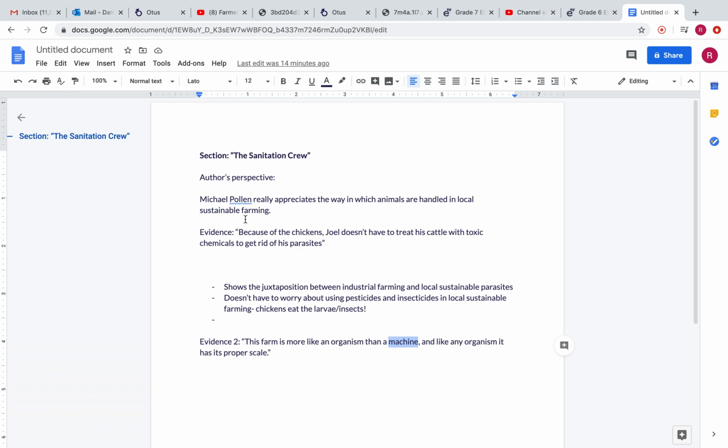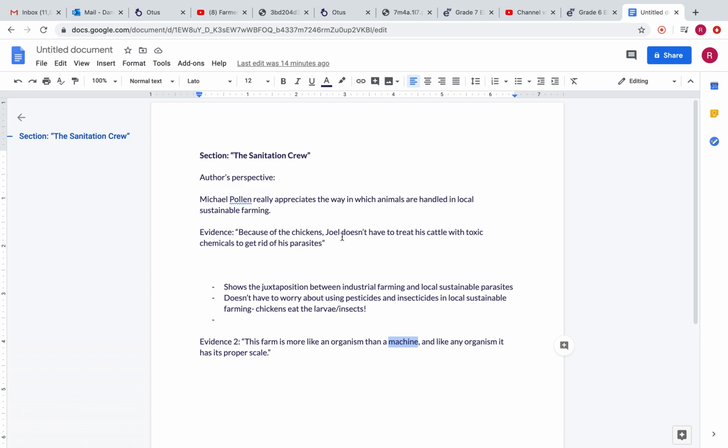Then another piece of evidence that we could look at is that because of the chickens, Joel doesn't have to treat his cattle with toxic chemicals to get rid of parasites. So basically, this shows the difference between industrial farming and local sustainable farming. He doesn't have to worry about using pesticides and insecticides.